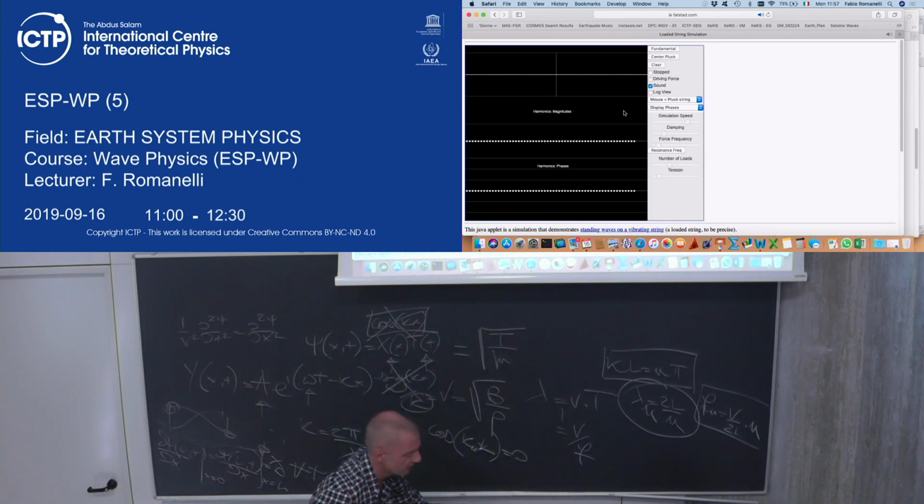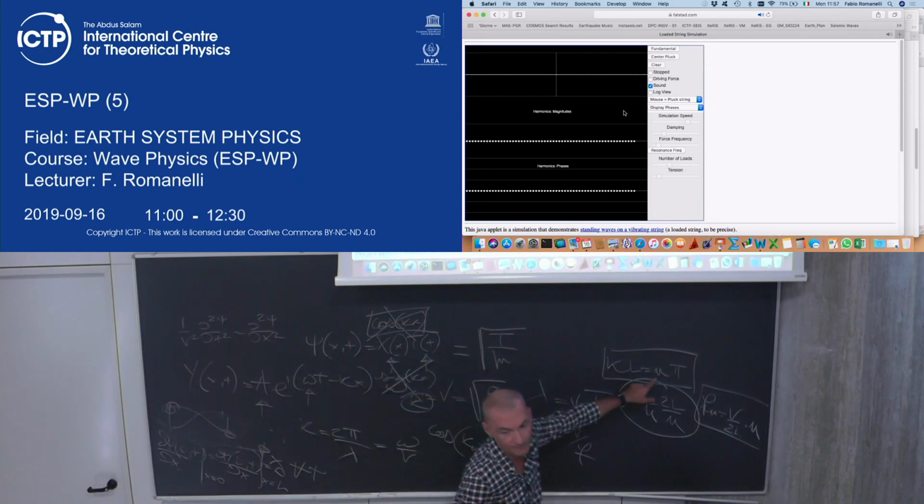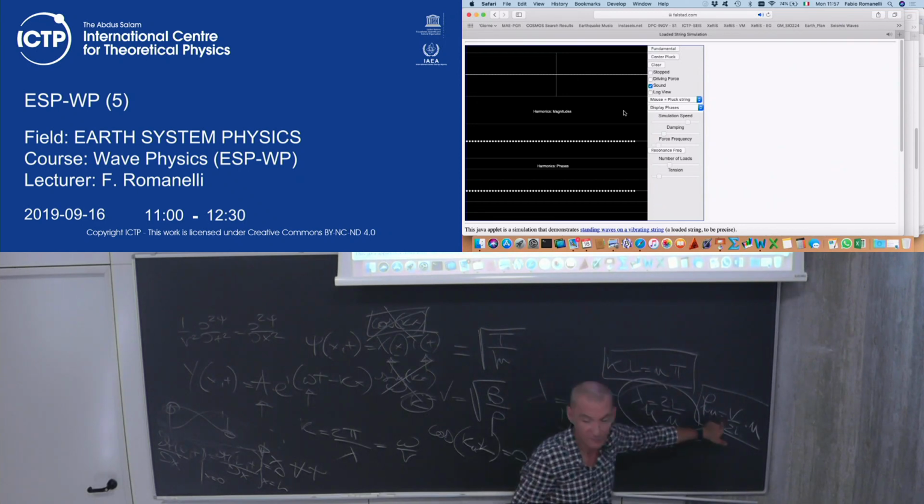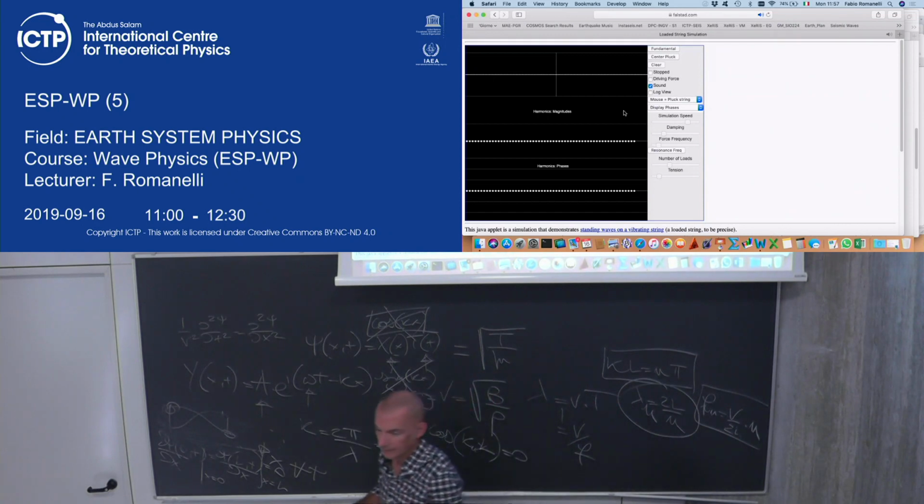What should I change? Nothing actually. But not in pi, but pi over 2. That's the same. And this will be the same. But the eigenfunction will be a cosine, not a sine. Boundary conditions are deciding which functions to pick.